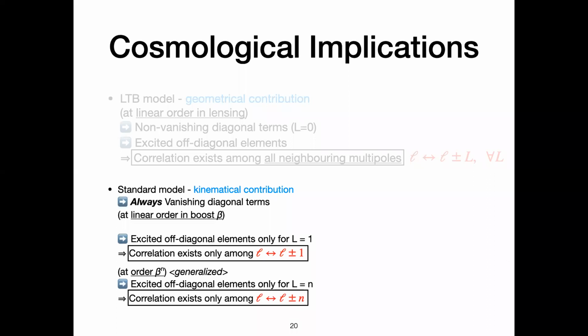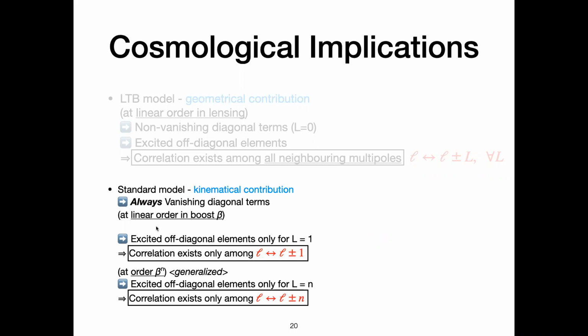using the observations we have until now from the Planck satellite, the WMAP satellite, etc. And if we calculate a similar correlation matrix, the way we calculated it in the LTB model, in this case, in the standard model, we always get vanishing diagonal elements. So that's a very important difference between the LTB model and the standard model.